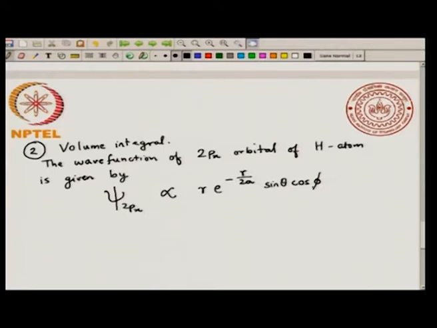Now, what you are asked to do is to calculate a volume integral, psi 2px square d cube r, over all space.